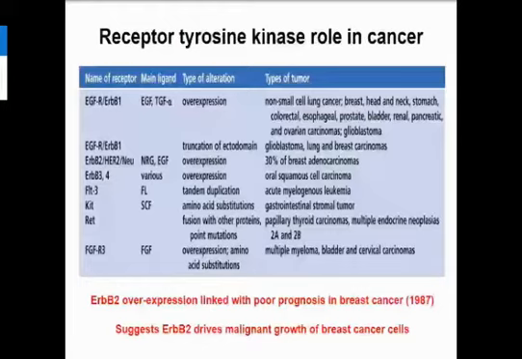And there are examples of other receptor tyrosine kinases, like the FGF receptor, driving others. But it was really realised back in the late 80s that HER2 or ERB2 overexpression was really linked with poor prognosis in breast cancer. It was really bad news if you presented with a breast cancer that had ERB2 overexpression.